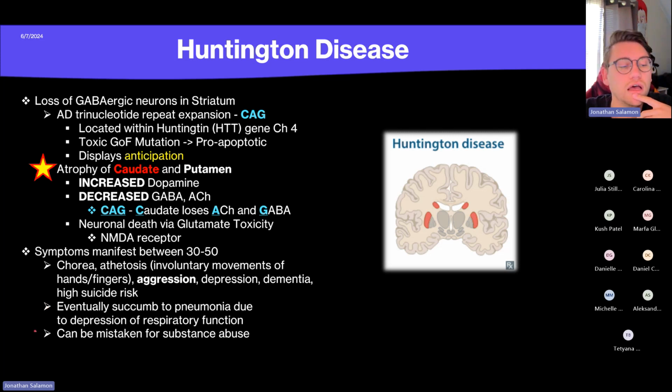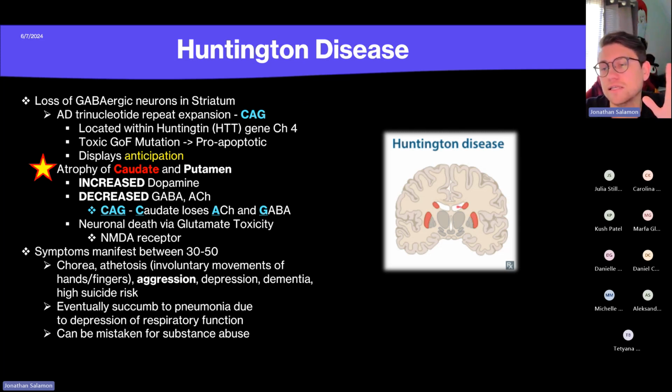The other thing too, I've definitely seen this in question stems, because it presents strangely in the beginning, and they're usually aggressive and depressed. This can be easily mistaken for substance abuse. And considering your exam covers both this and substance abuse, it's just important to keep that in the back of your head.